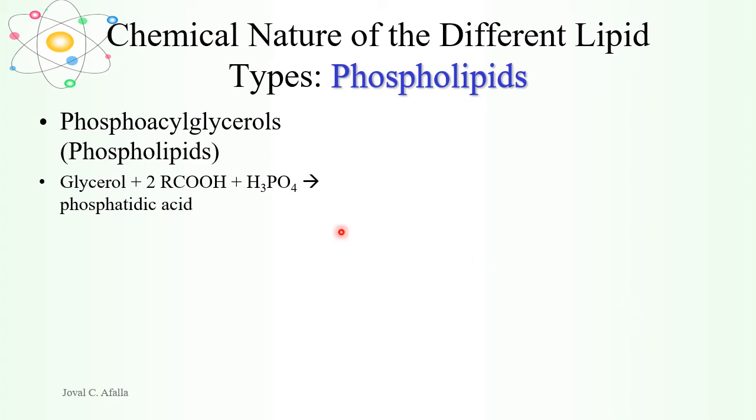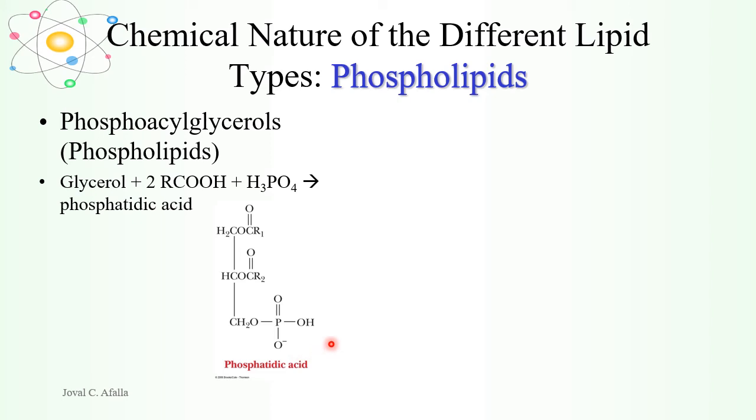Recall again, the carboxylic acid plus alcohol produces our normal ester. Phosphoric acid and alcohol, glycerol, forms a phosphoester. For this particular molecule, it's called a phosphatidic acid: glycerol, carboxylic acid 1, carboxylic acid 2, and phosphoric acid. So this is now phosphatidic acid.